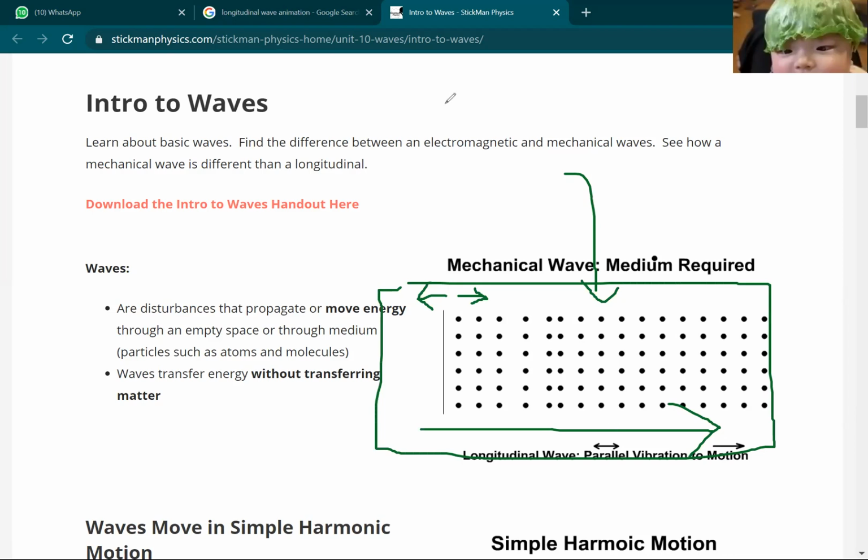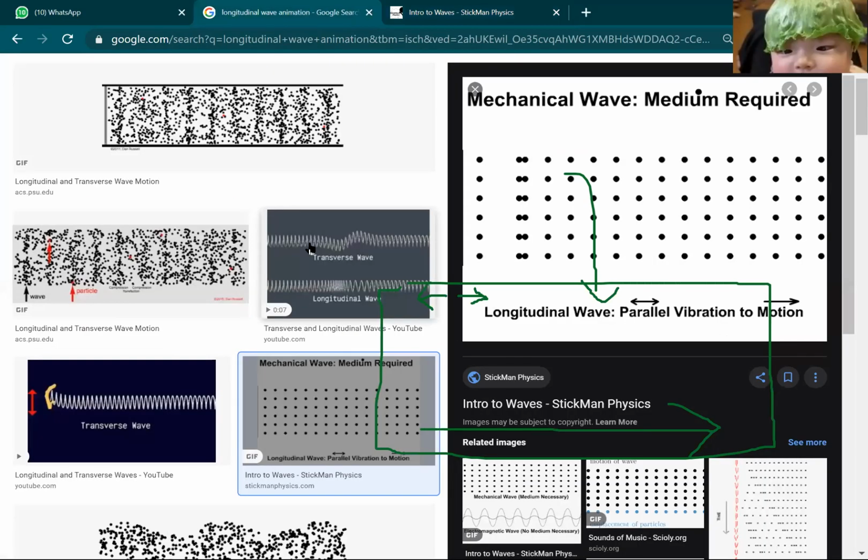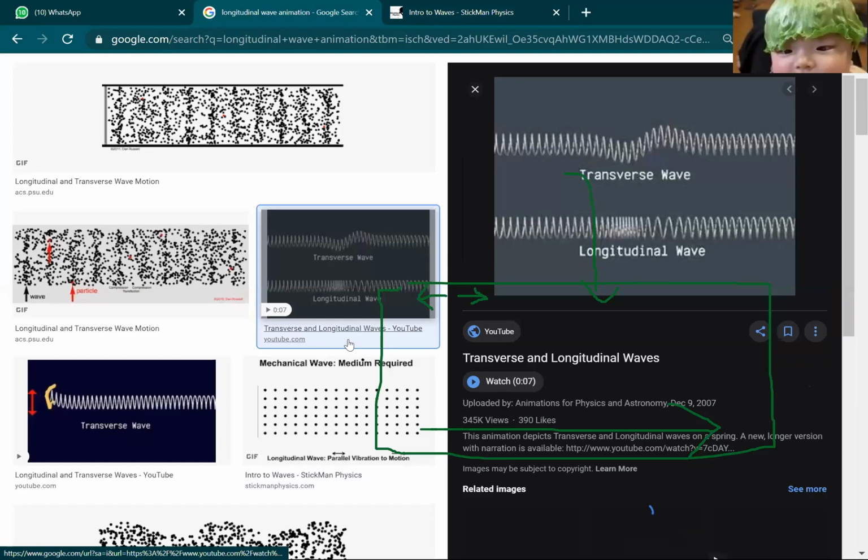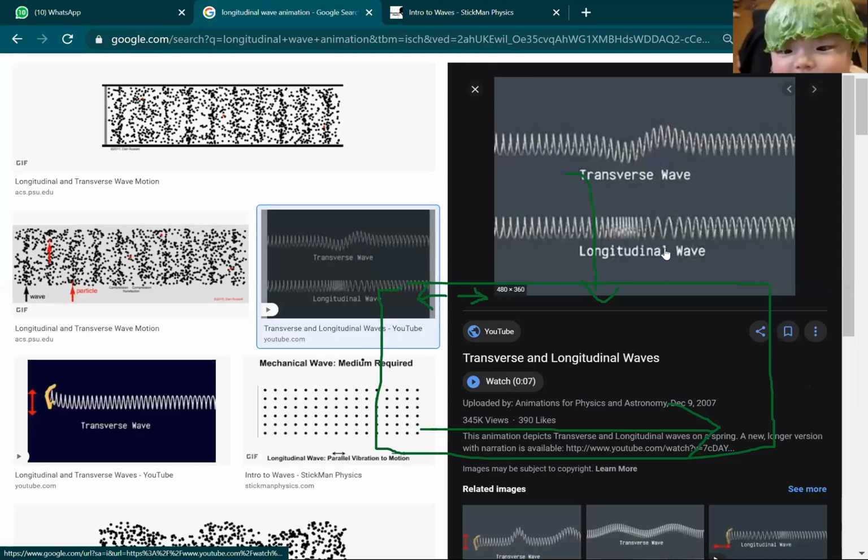Now, if you look at the spring example, I think we have more examples here. Now, this one. Let's see. This one is not moving.